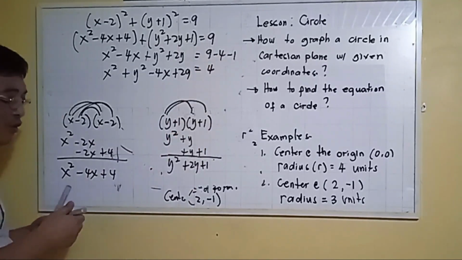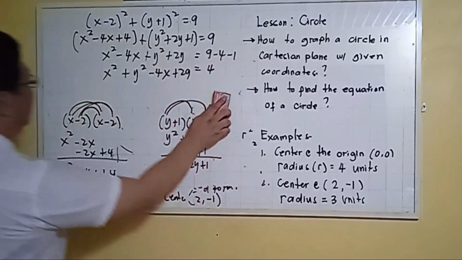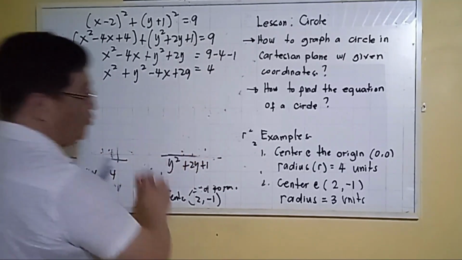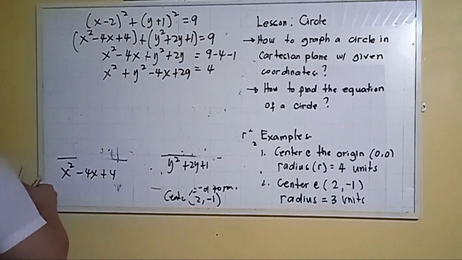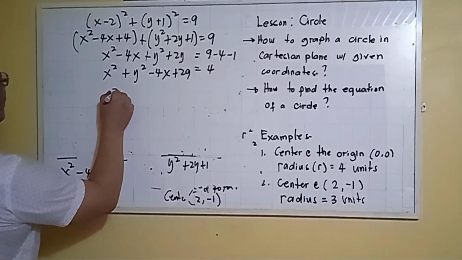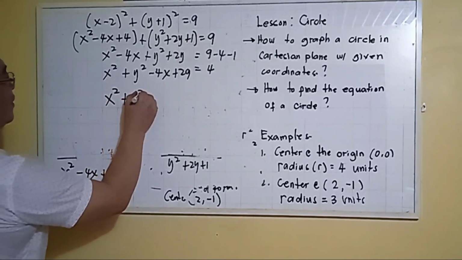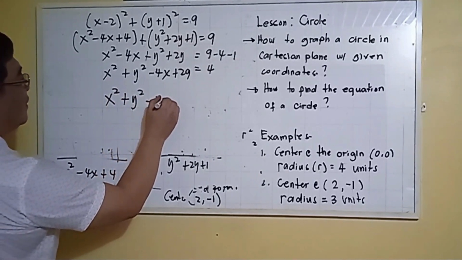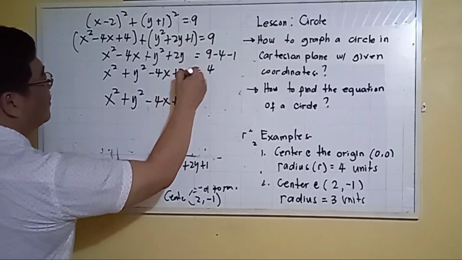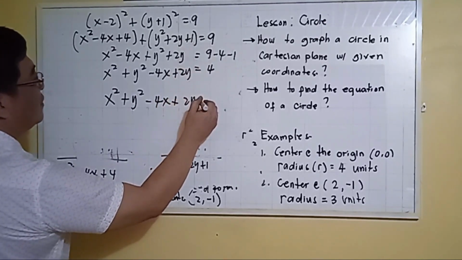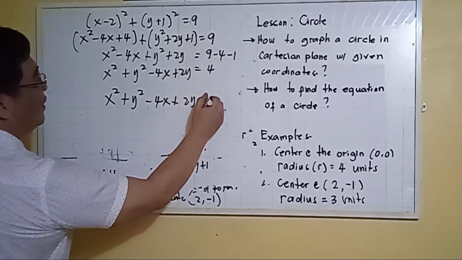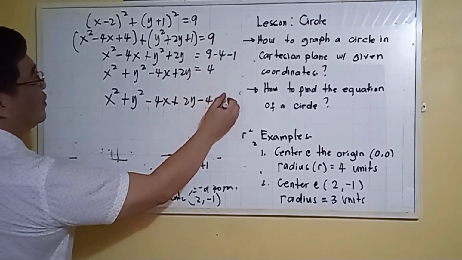So ito na yung equation of the circle in general form. Or pwede rin nating i-equate ito sa 0. So generally, pwede natin gawin to x² + y² − 4x + 2y, and transpose sa kabila naman, negative 4 ang mangyayari, so is equals to 0.